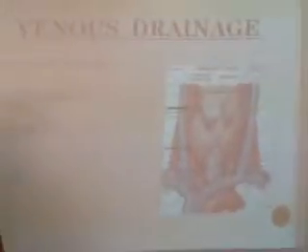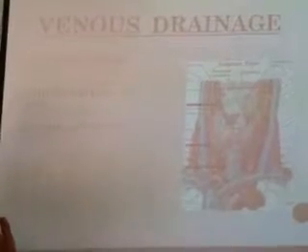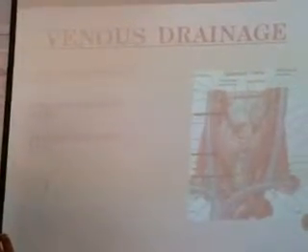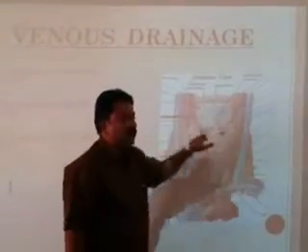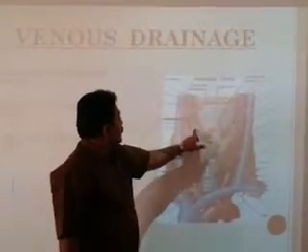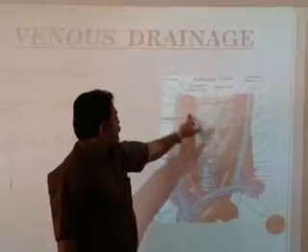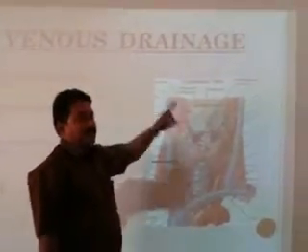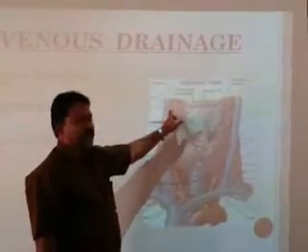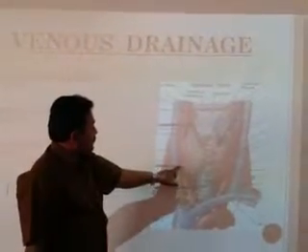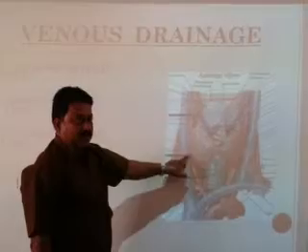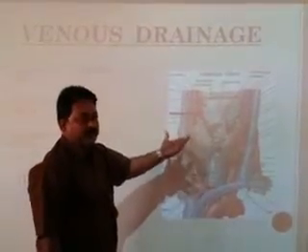And the superior thyroid vein drains into the internal jugular vein. So here, on both sides, is the internal jugular vein. The superior thyroid vein drains into the internal jugular vein here, isn't it? And the middle thyroid vein also drains into the internal jugular vein.